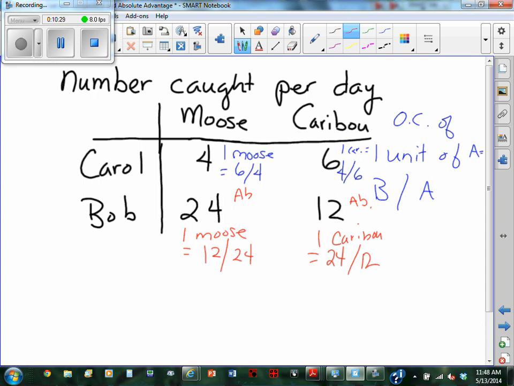So it's costing her more than 1 caribou. But the moose that Bob catches is 12/24, less than 1. So who's doing it cheaper? The person who gives up more than 1 caribou or the person who gives up less than 1 caribou? Less than 1 caribou. So it turns out that Bob has comparative advantage in moose. He does it cheaper.